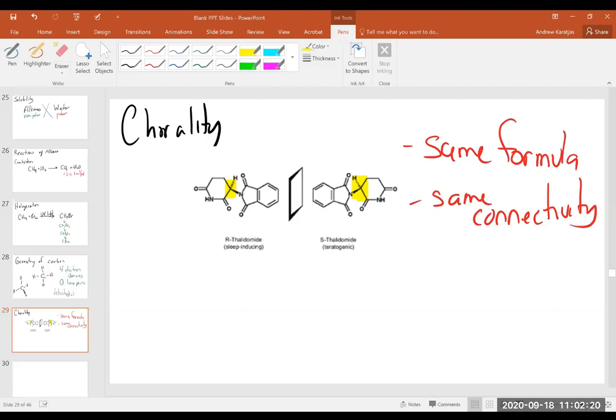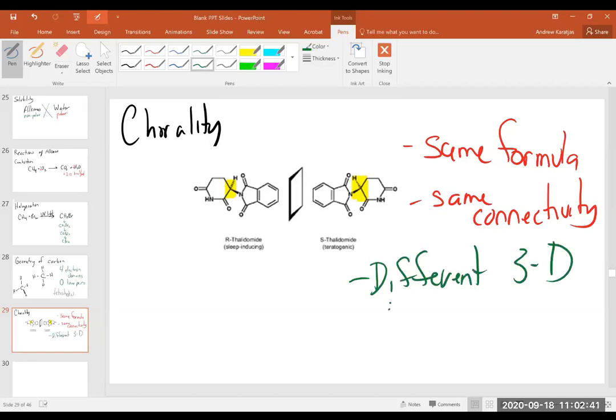Well, it turns out that can only happen if you actually break some of the bonds and then form new bonds. So again, same formula, same connectivity, different 3D arrangement. Cannot be superimposed.